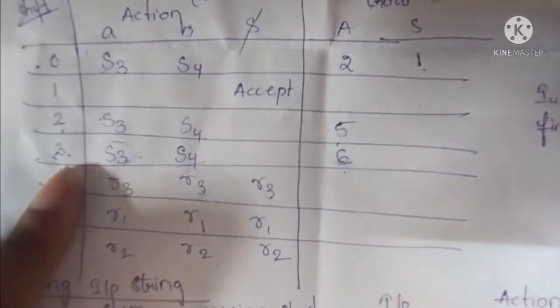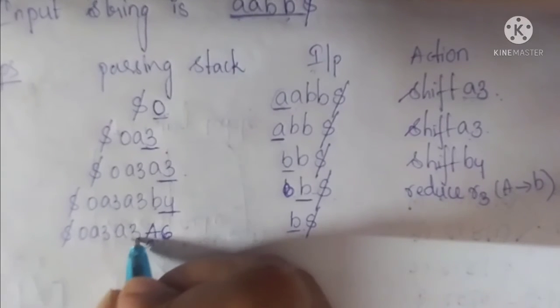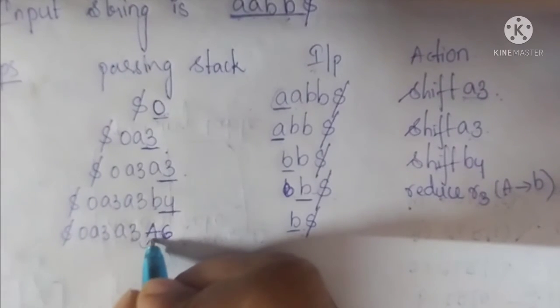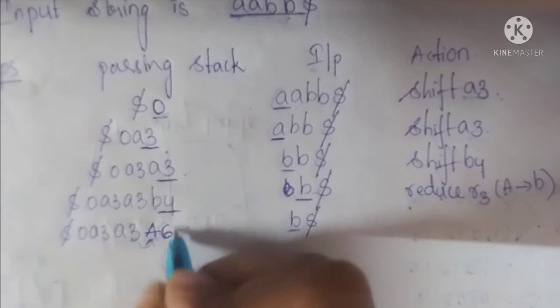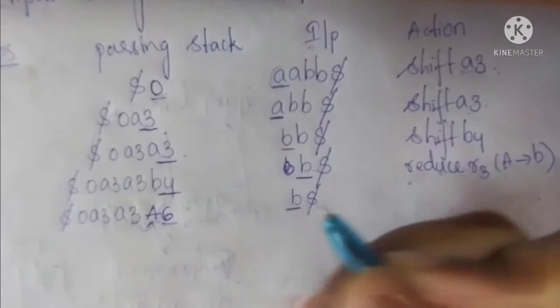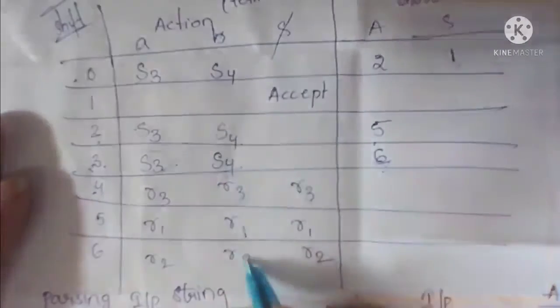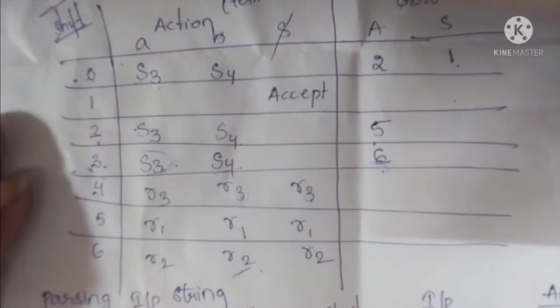So write 6 here. You have to check for I3 to capital A, where it is going. So 6 here. Now you can check I6 to B, where it is moving. I6 to B is going to R2, which means reduce R2.